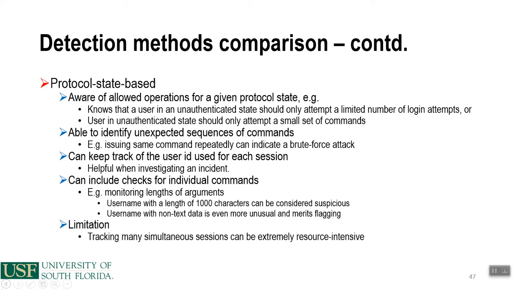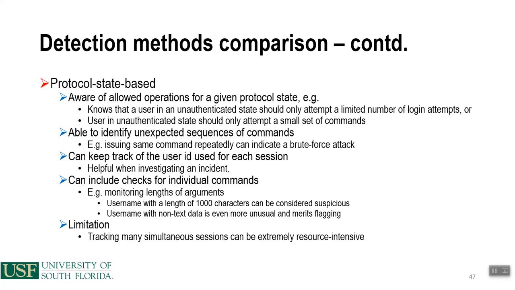You can think about the SQL injection part of the homework or the assignment that you did. Those are unverified types of inputs that are being put into a particular form. A protocol state-based method will actually detect these particular types of unsanitized input, and an IPS will actually block that from happening and prevent it in some way, shape, or form.